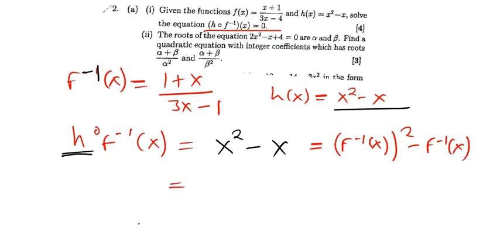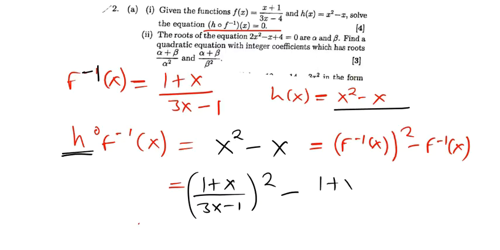So therefore we're going to end up with 1 plus x over 3x minus 1, squared, minus 1 plus x over 3x minus 1. Okay.